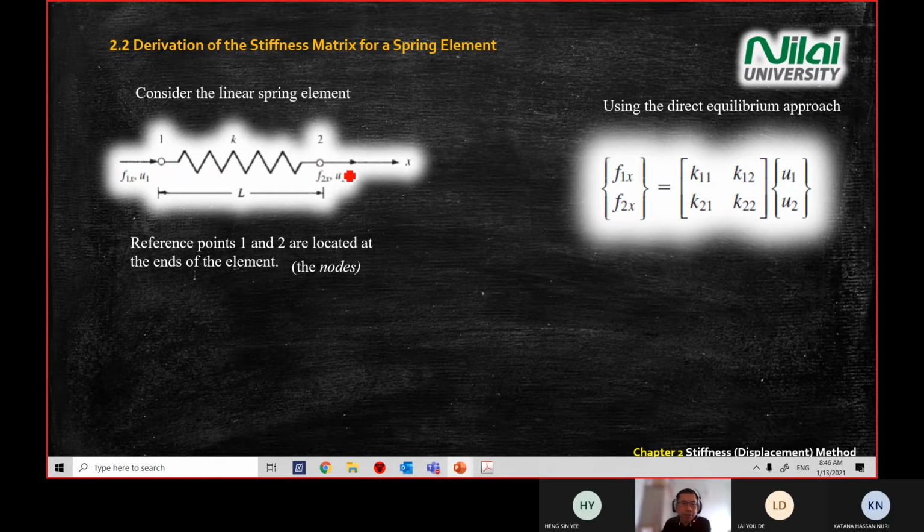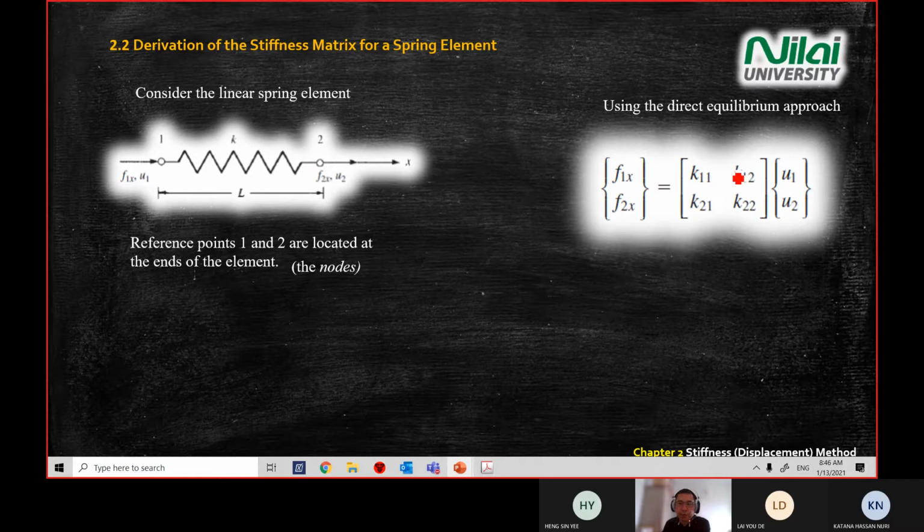So you have a two degree of freedom system, meaning point 1 is able to move in the x direction, and point 2 is also able to move in the x direction. So your matrix will have 2 times 2 dimension.